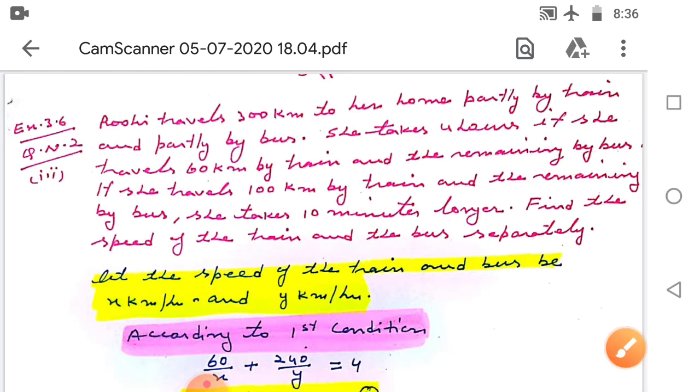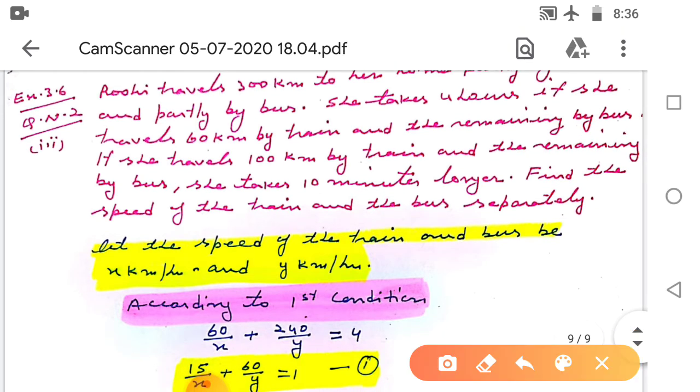Clear? So we start, let the speed of train be x km per hour and the speed of bus be y km per hour. Is it clear? Right. Now, look at this. According to the first condition, the total distance is 300 km.